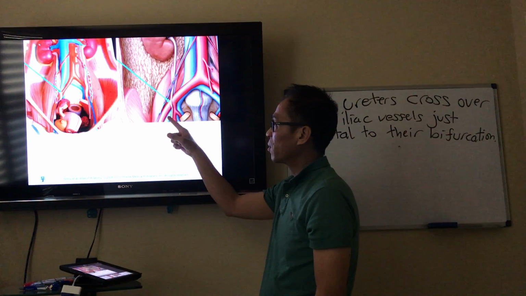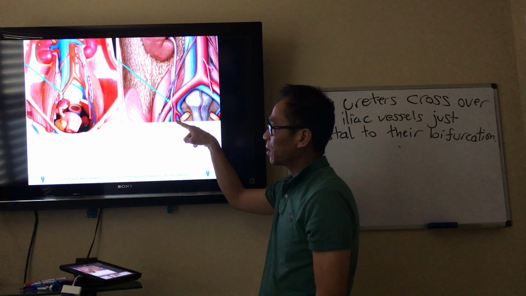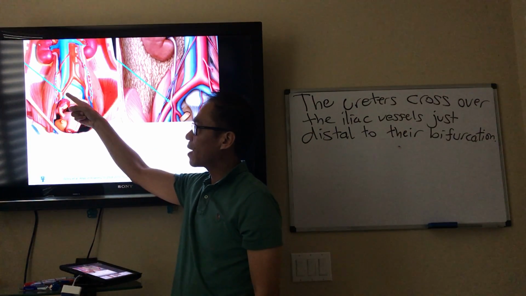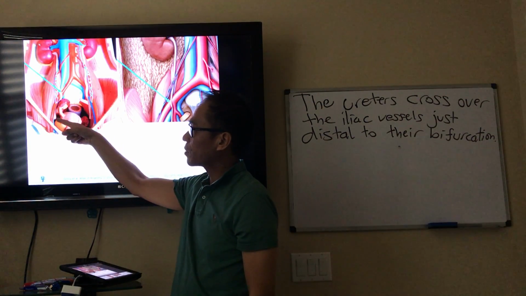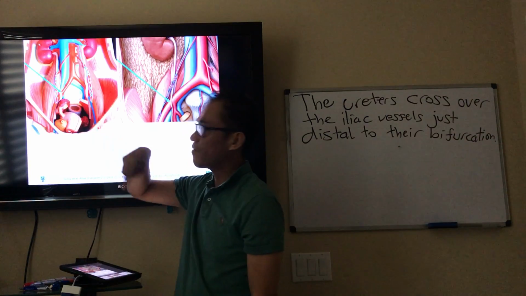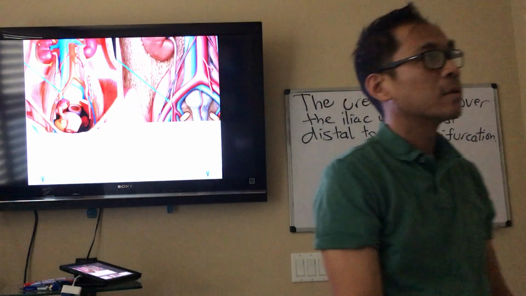So here's the ureter, blue arrow, then there's the external, there's the internal. There's the blue arrow, it's my landmark, ureter. There's the external, and the internal is kind of out of sight on that picture.